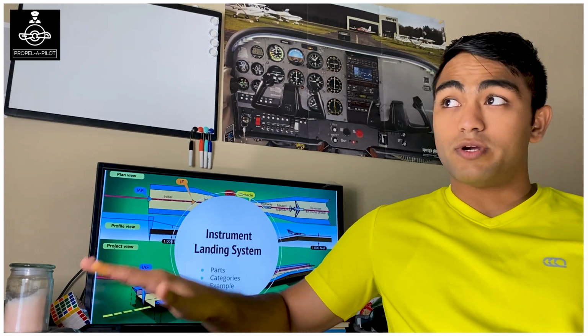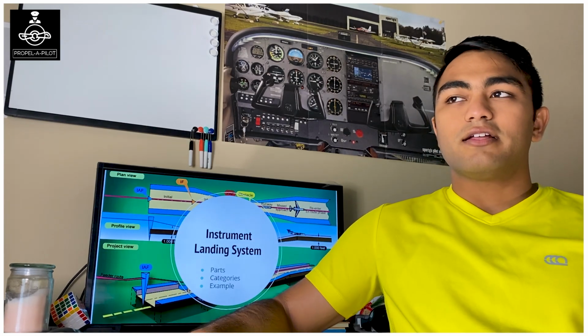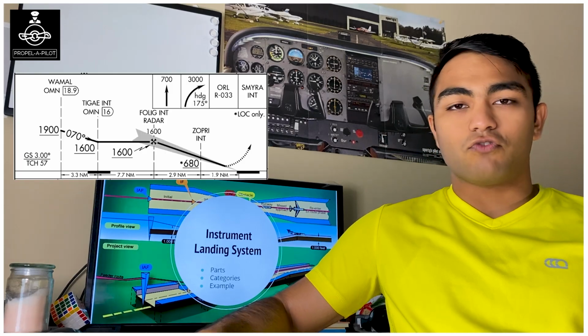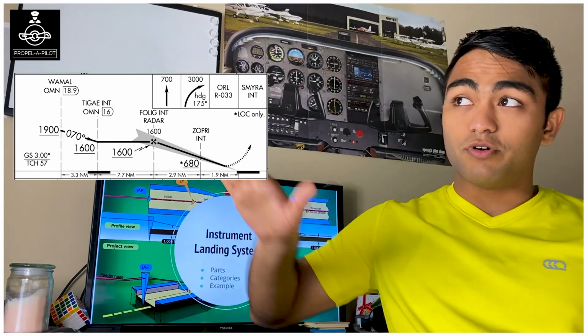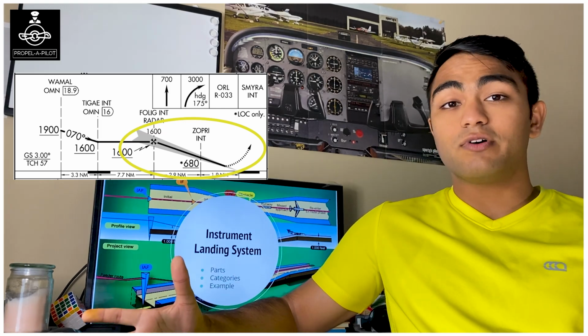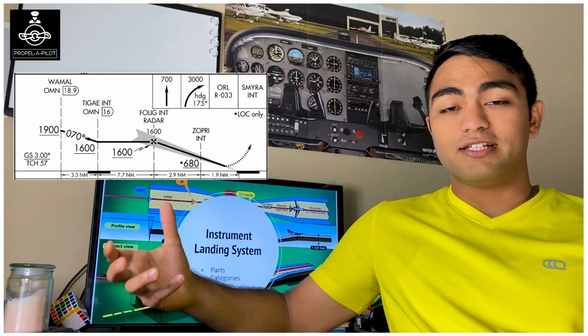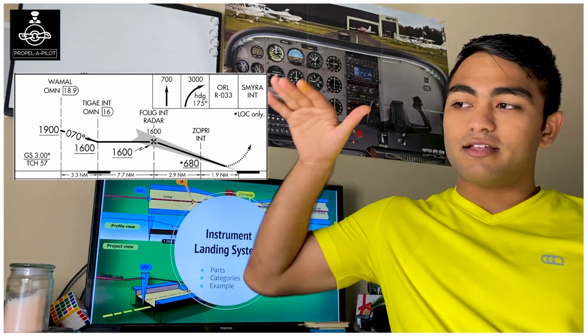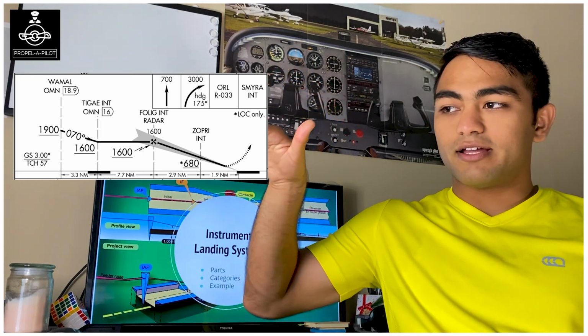The glide slope provides vertical guidance. It emits a signal from the glide slope antenna upwards at an angle of usually 3 degrees that the receiver of the aircraft will receive or catch, and then at the final approach fix, the aircraft will start descending using that signal.